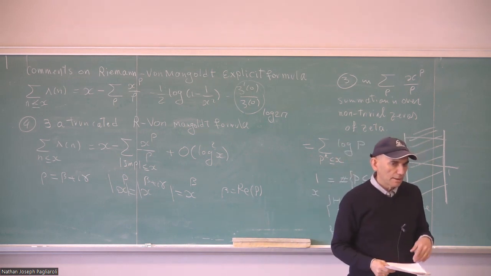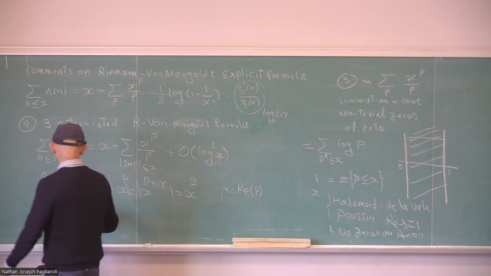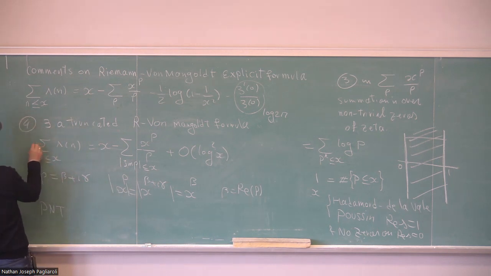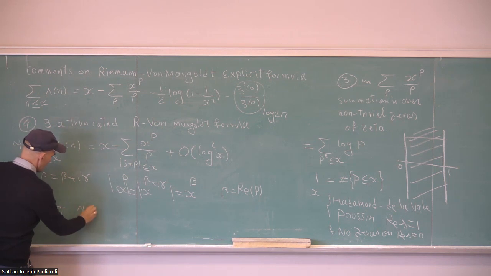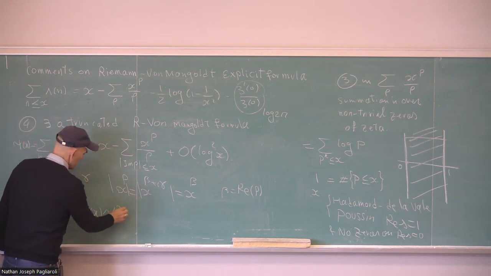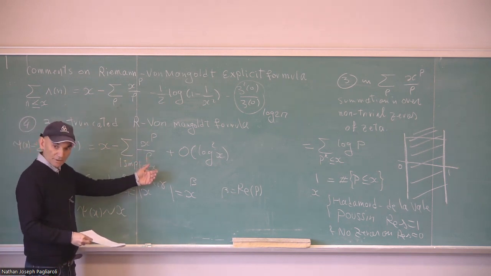Now, here is the idea. We know that the prime number theorem, with psi of x by the way, is the statement that psi of x is asymptotic to x. But now the question is, what is the remainder?